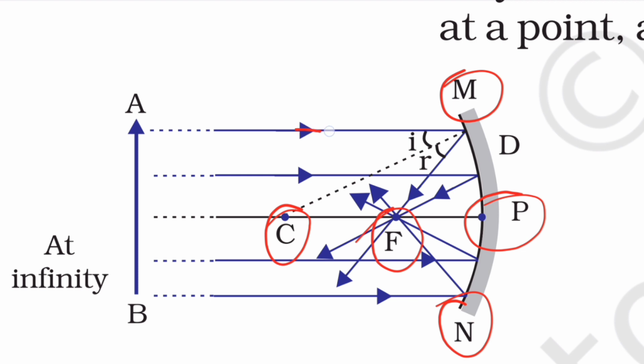Here this is the incident ray, and this is the reflected ray. When we draw the normal to this, we get the angle of incidence equal to the angle of reflection. These are all the things you have studied in the concave mirror. Next we are moving to the convex mirror.